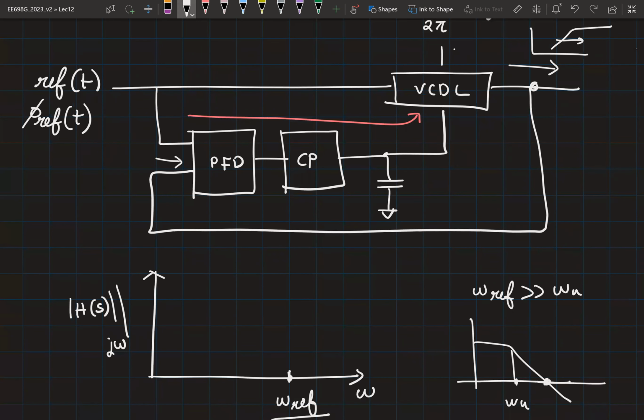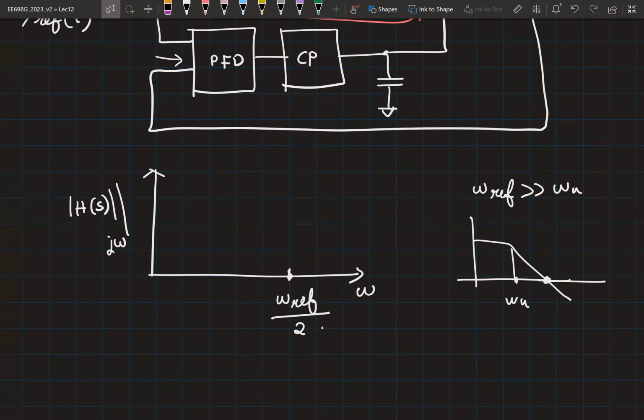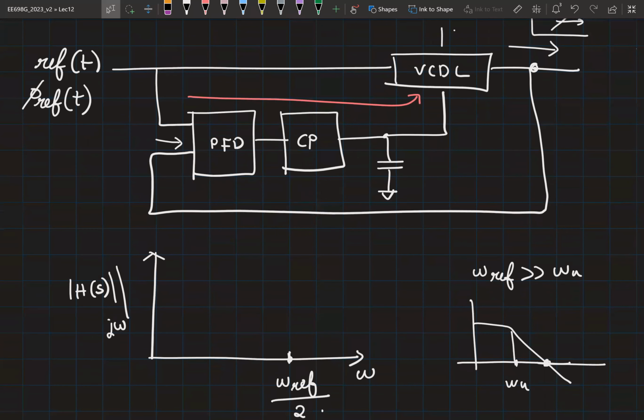Is that clear? So we are simply looking at how much we can rely on the model that we have obtained. Any results you get from the model up to omega ref by 2, you can use. Beyond that, we have to understand that this model has major limitations. One is it is not capturing the sampling behavior.